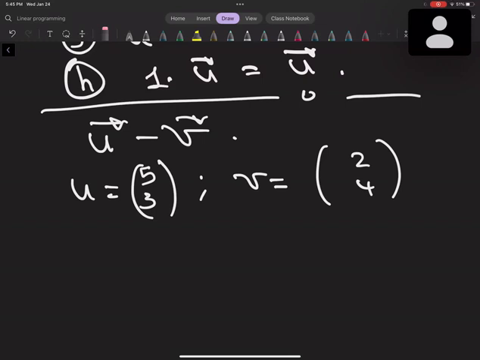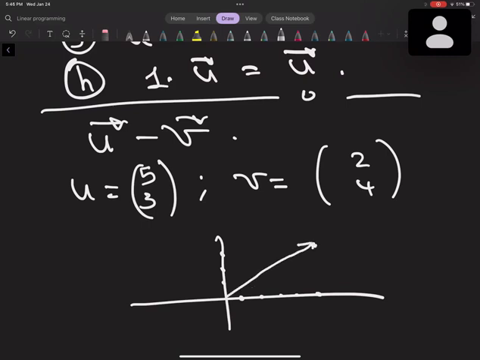So u is (5, 3). So 1, 2, 3, 4, 5 here, and 1, 2, 3. So 5, 3 is here. Then v is (2, 4), over here.